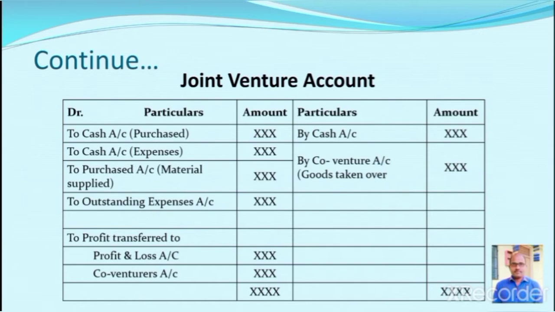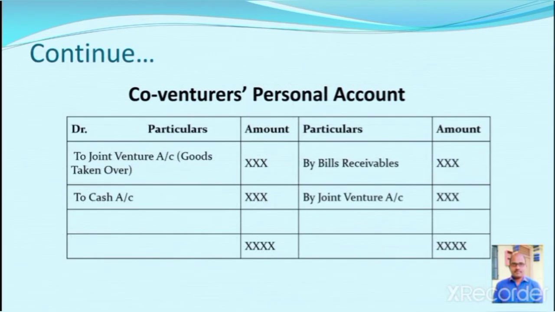Then if any co-venturer is taking the remaining goods, we credit the joint venture account. The balance of this account is treated as profit or loss. If there is a credit balance, it is treated as profit. If there is a debit balance, it is treated as loss. So this is the format of the co-venturer's personal account.